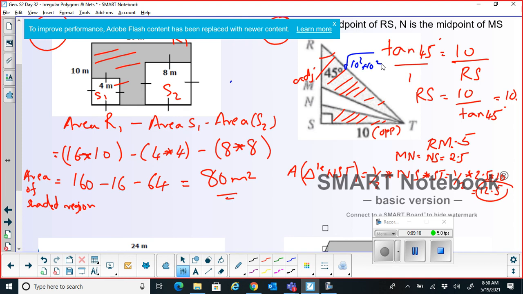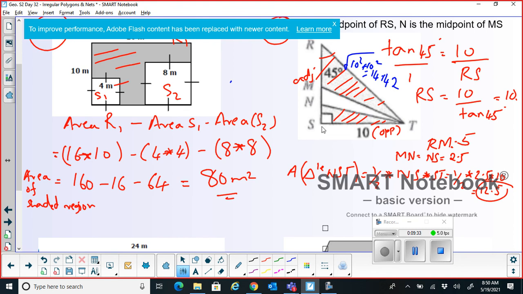It's nothing but square root of 200. I'm just keeping it as square root of 200, or if you want you can write in decimals, it is 14.142. 14.142 is your RT.